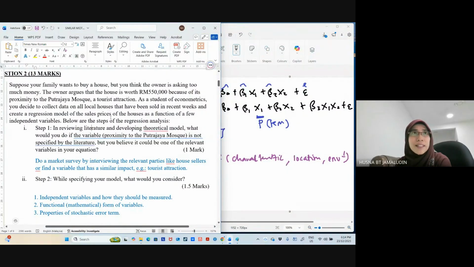As I mentioned to you last time, when I did a study on the house price, I interviewed the house agents, and they mentioned house close to the mosque. Mosque is not facilities, okay? Because some people don't like it, especially non-Muslims, because it will give sounds 5 times a day.